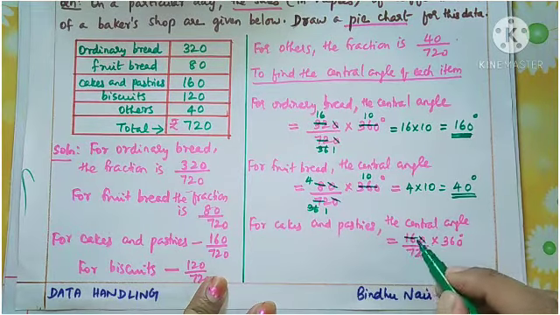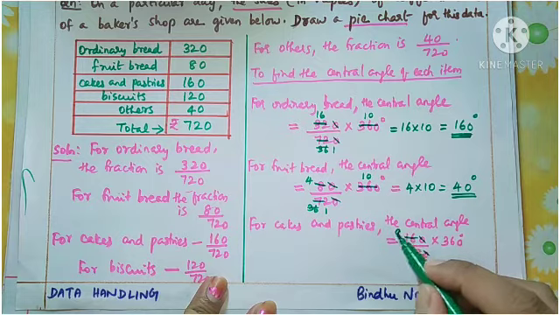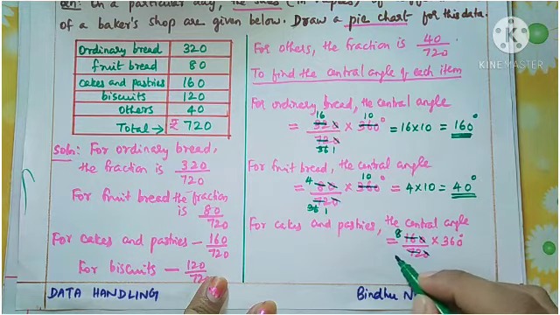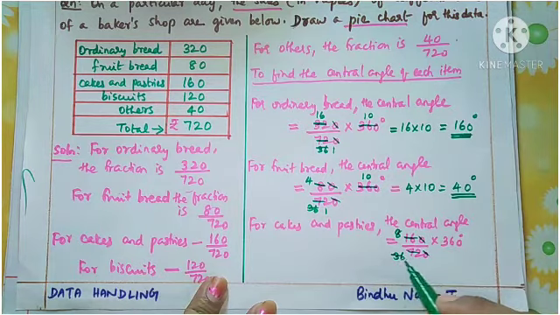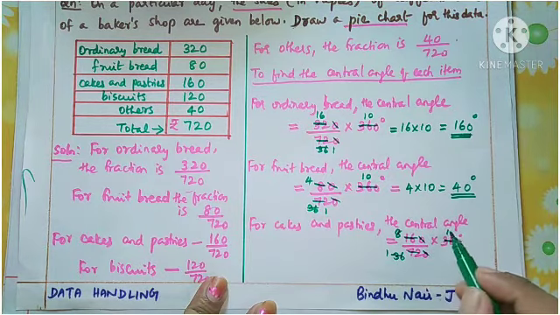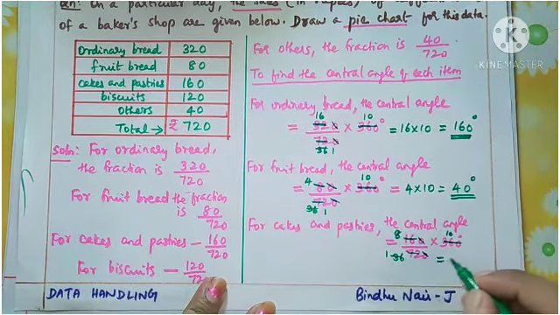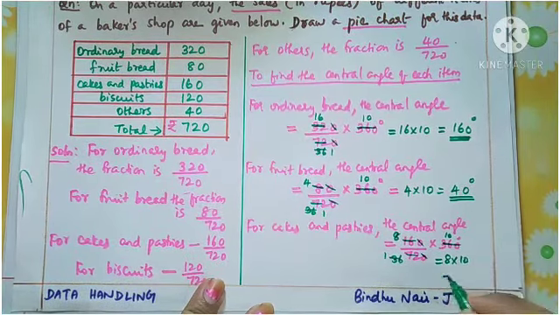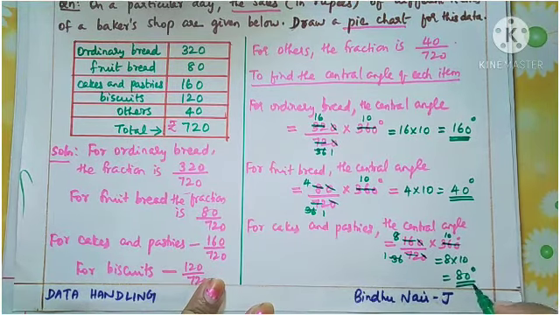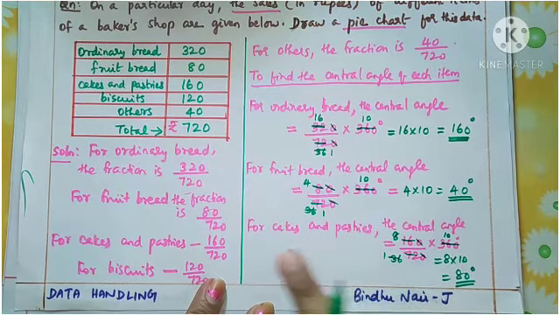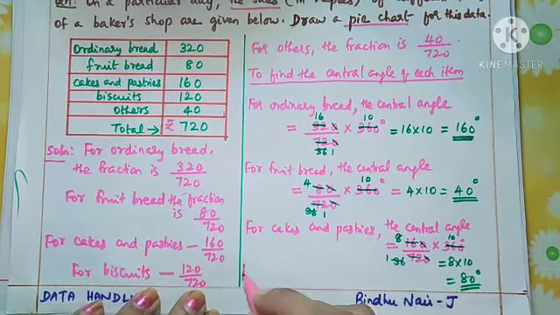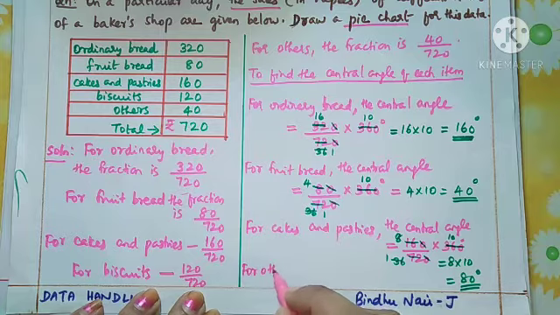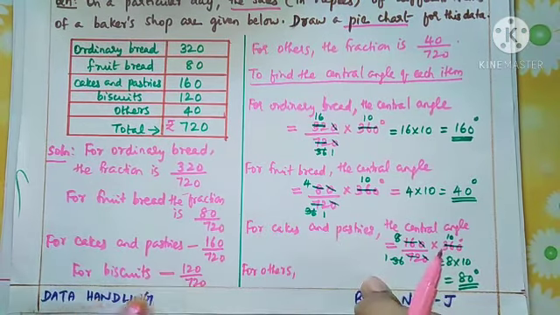Cut 2 table, 4 4 4, 8 2s are 16. Here 3 2s are 6, 6 2s are 12. Again this same. So 136, here 10. So that is 8 into 10 equal to 80 degrees is the angle of cakes and pastries. Now the next item for others. Others, for what is the fraction we have to find out?